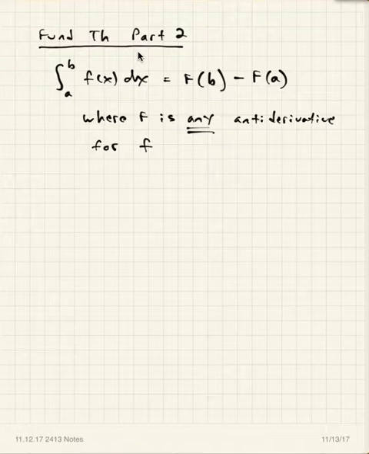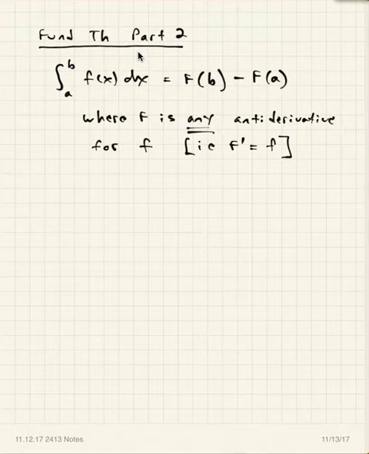And this is a direct consequence of our fundamental theorem part 1. So when I say capital F is any antiderivative, that means, i.e., that capital F prime is equal to little f.